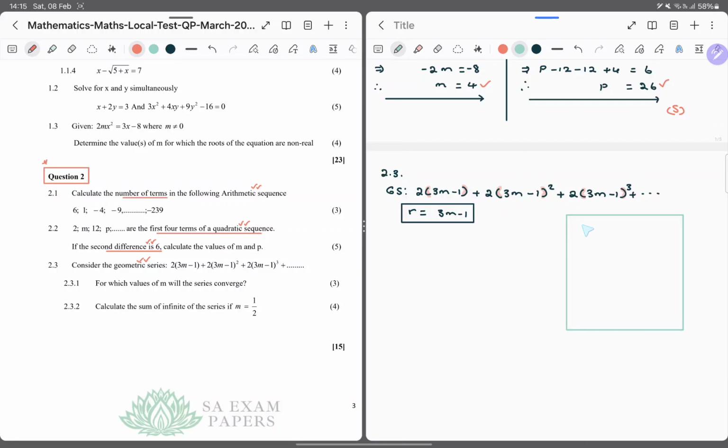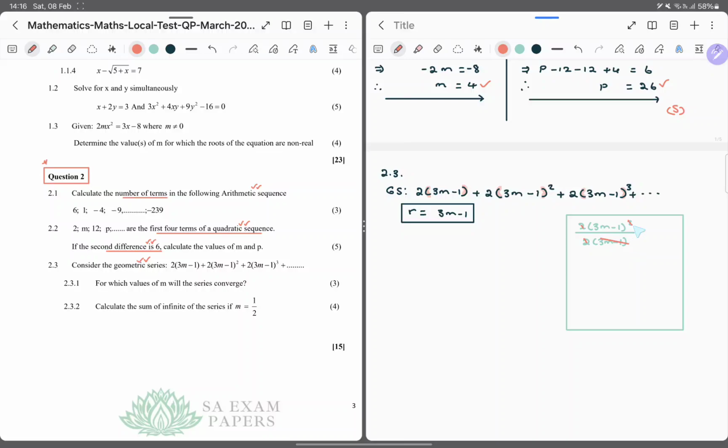this regard. So we could take the second term and say 2 into 3m minus 1 squared divided by 2 into 3m minus 1. We know that the 2 will divide the 2 to 1 and it essentially becomes invisible. 1 in maths can be considered as an invisible thing.